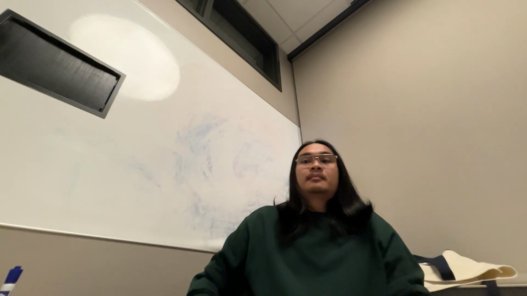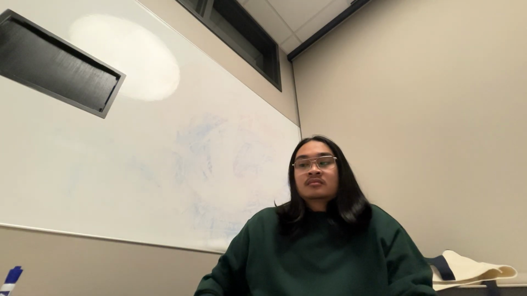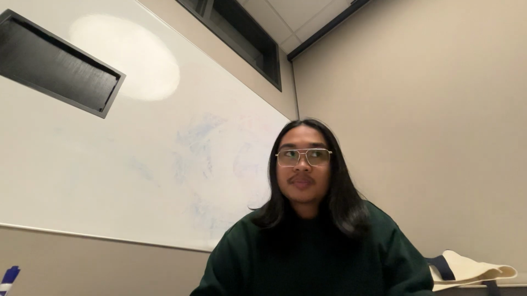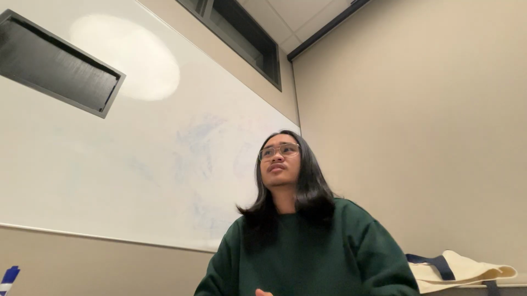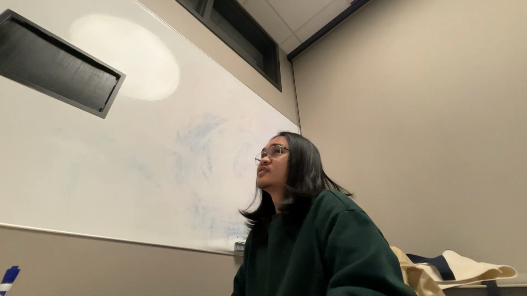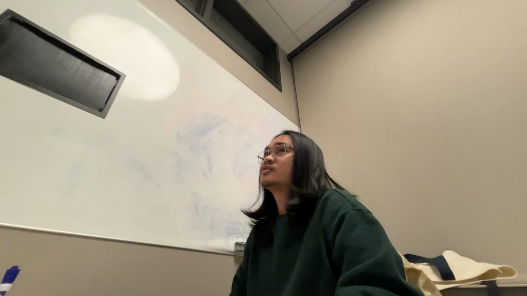So then PM, and in the metric system, SI units, M is meter, right? So the P stands for picometers. And that's a very small magnitude of number. It's 10 to the negative 12, right?